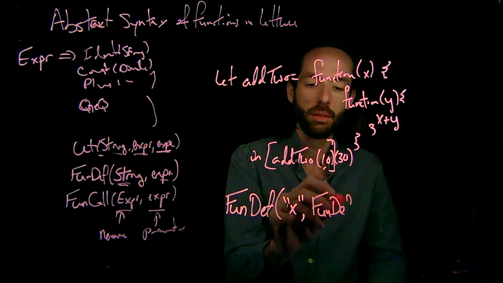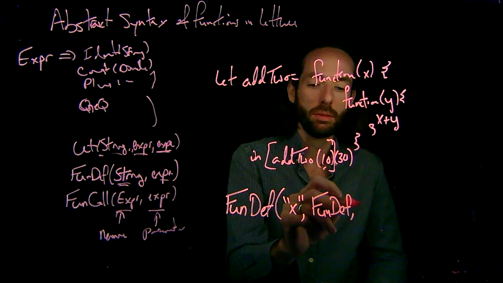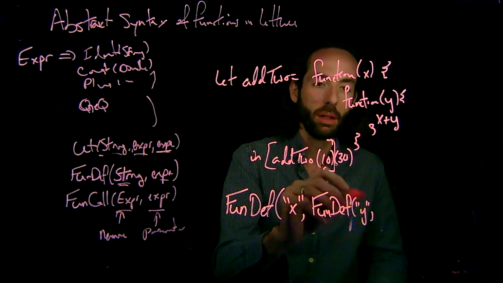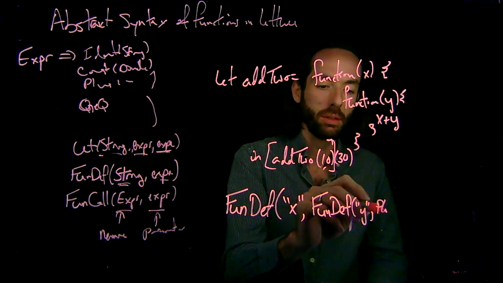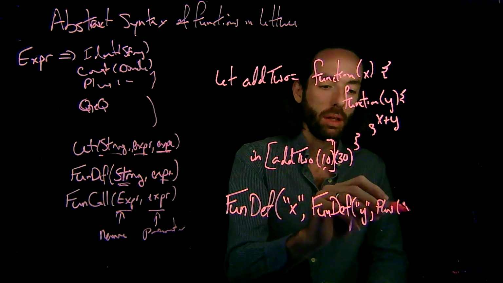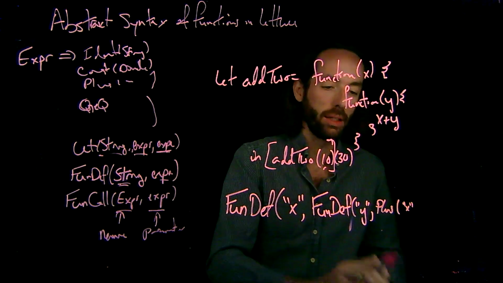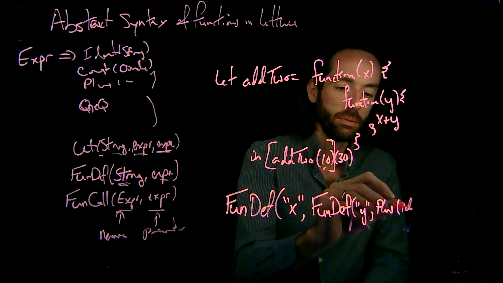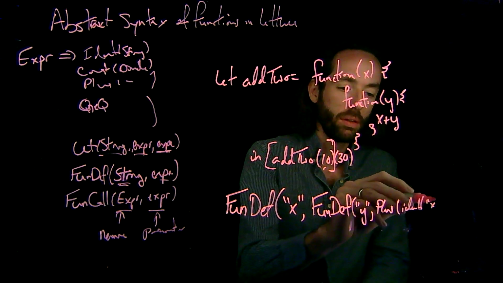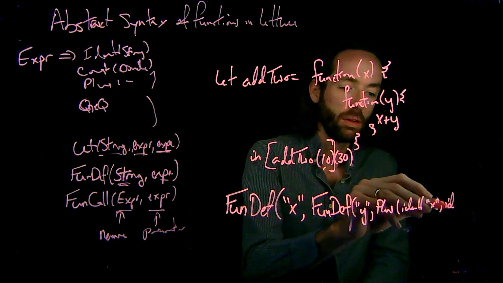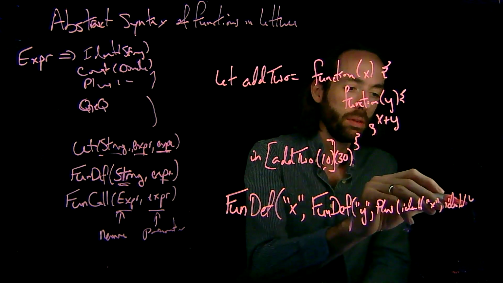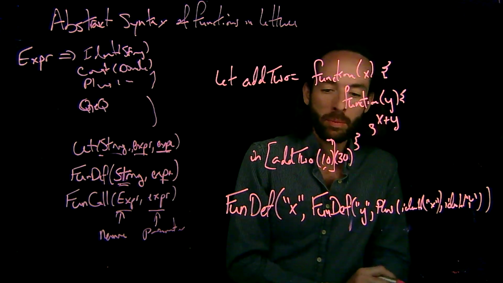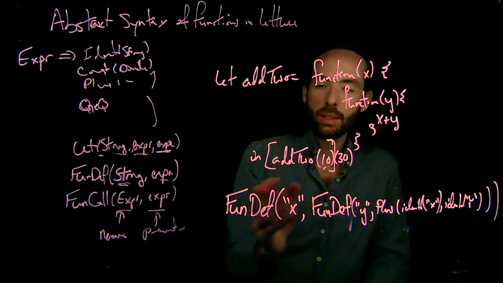So we have fundef of, well, a string, which is going to be y, our parameter, and then the internal, right, which is plus, ident x plus ident y. Right, so that's the definition of it.